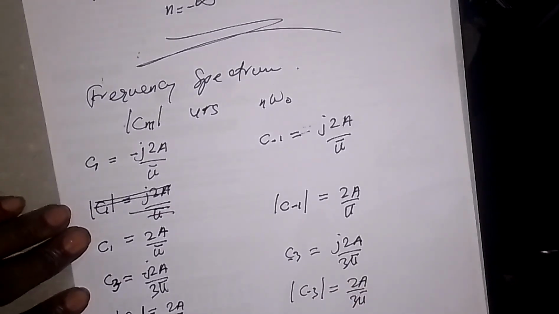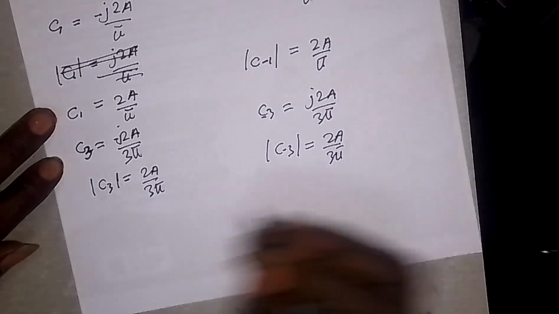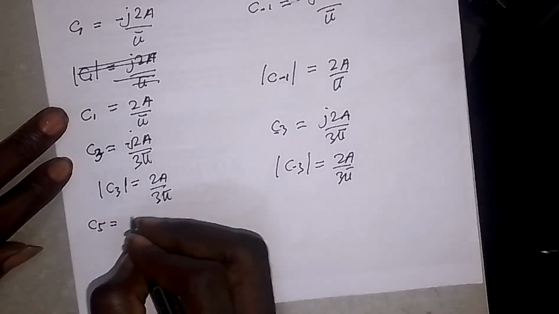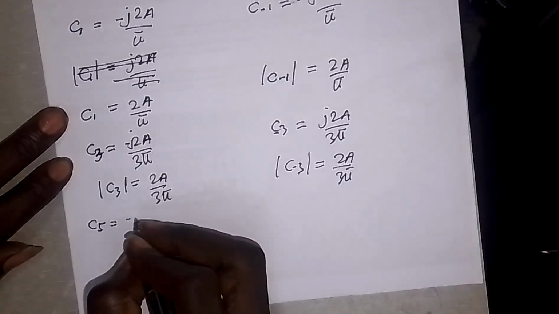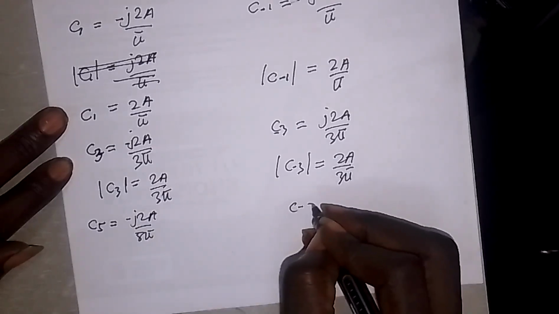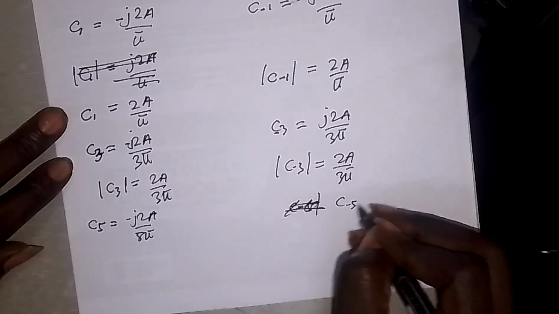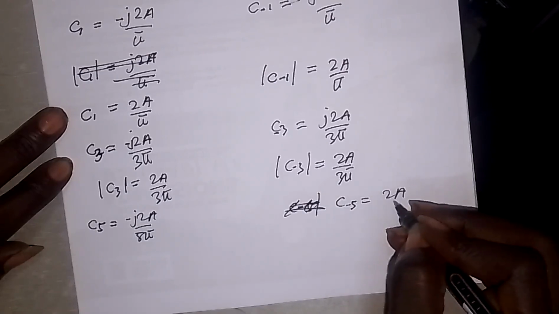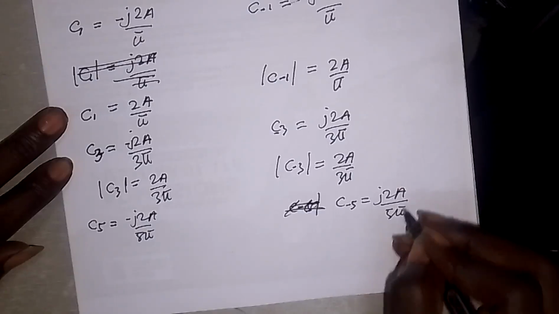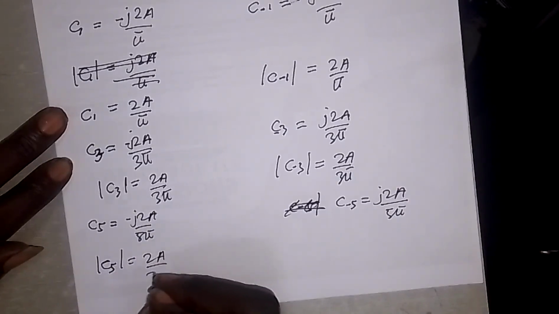If I take C5, sorry, you were not seeing at that time, I didn't notice. So C5 is going to be minus j2a over 5 pi, and C minus 5 is equal to positive j2a over 5 pi.